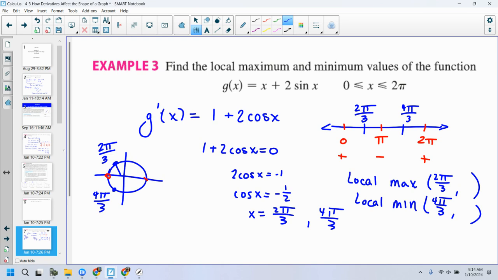See, I told you it was tricky to figure out where things go, right? That goes back into the original because that's going to tell you how high or low it goes. So just to kind of cheat here, that's 3.83 and 2.46. And all I'm doing there is just plugging 2 pi over 3 back into g, and then 4 pi over 3 back into g. Okay.